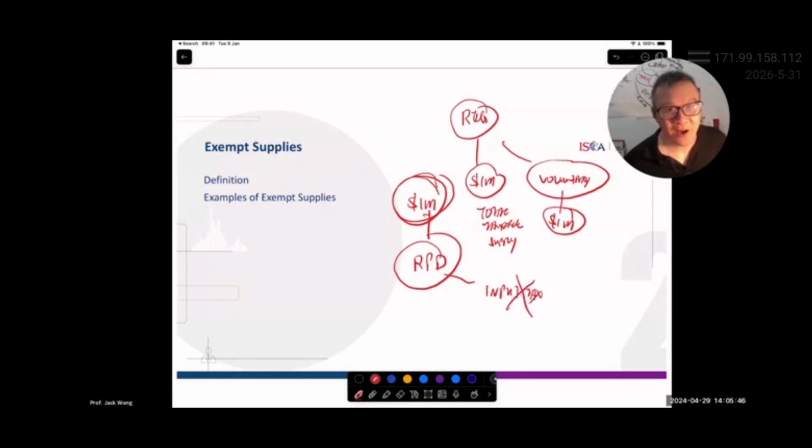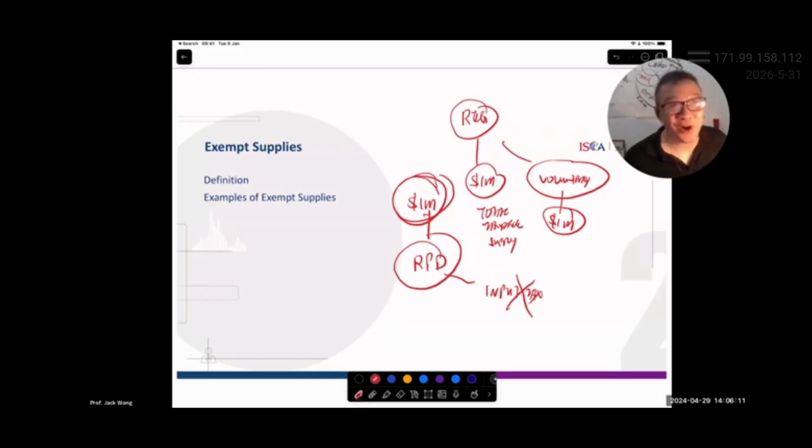So you think about a lot of things I've explained just now. It's not scientific, it's not philosophical, it's not complex. The reason why I'm not allowed to claim back input tax is because I'm not GST registered. And the reason why I'm not GST registered is I'm not making any taxable supply at all. And that's what you need to understand.